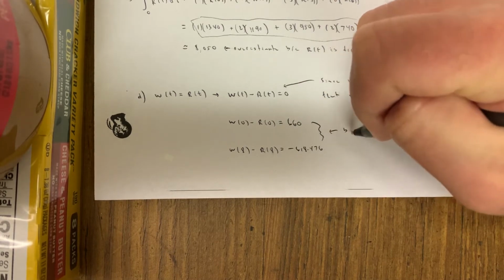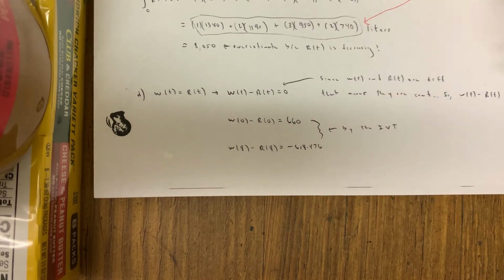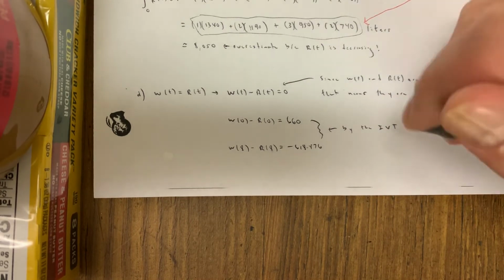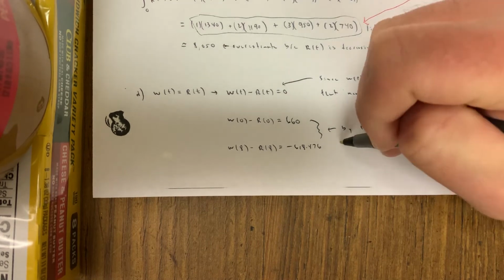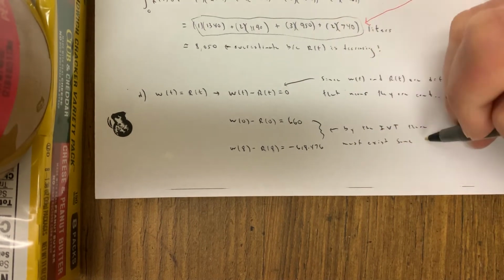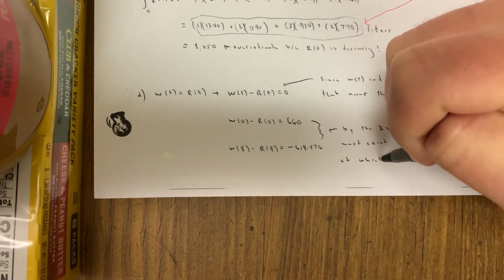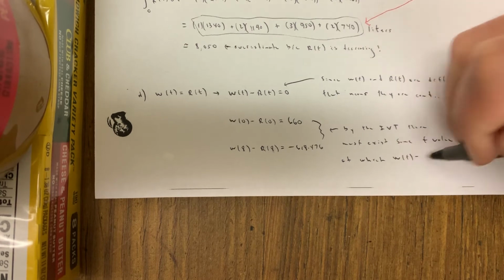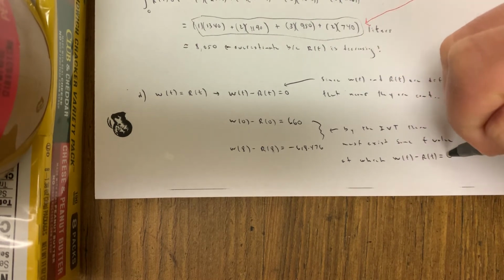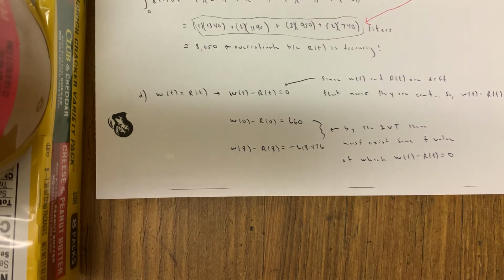We're going to say by the IVT, because this function is continuous, W of t minus R of t, there must exist some t value at which W of t minus R of t is equal to 0. It's got to take on all y values in between these two y values.